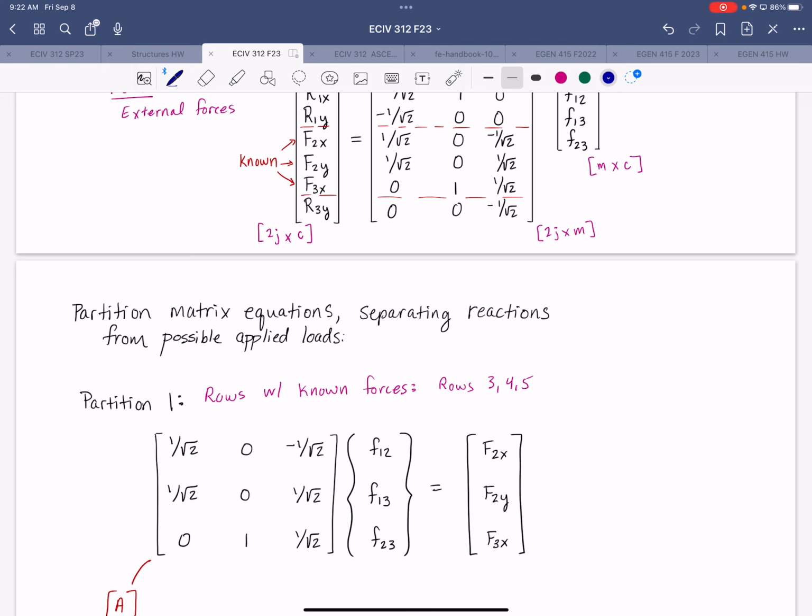And since 2j rows are what we started with, and as you know, we've defined R as the number of reactions, then 2j minus R will be the number of rows in our first partition, since we're taking out all the reactions.